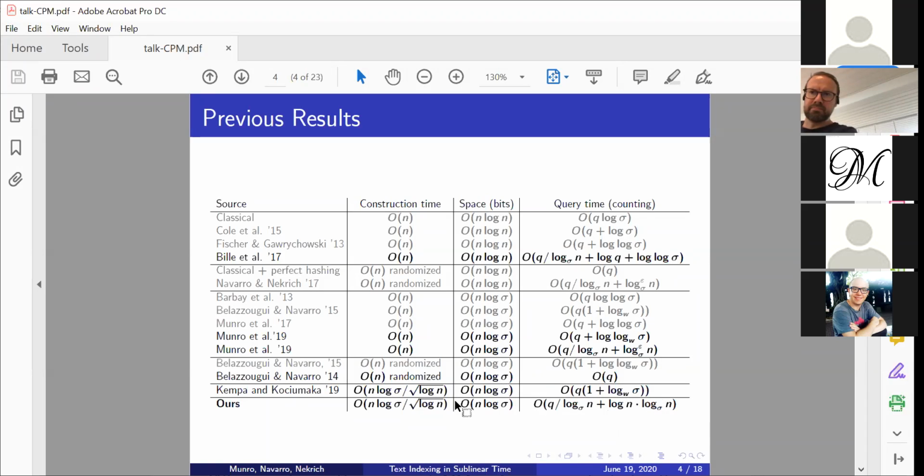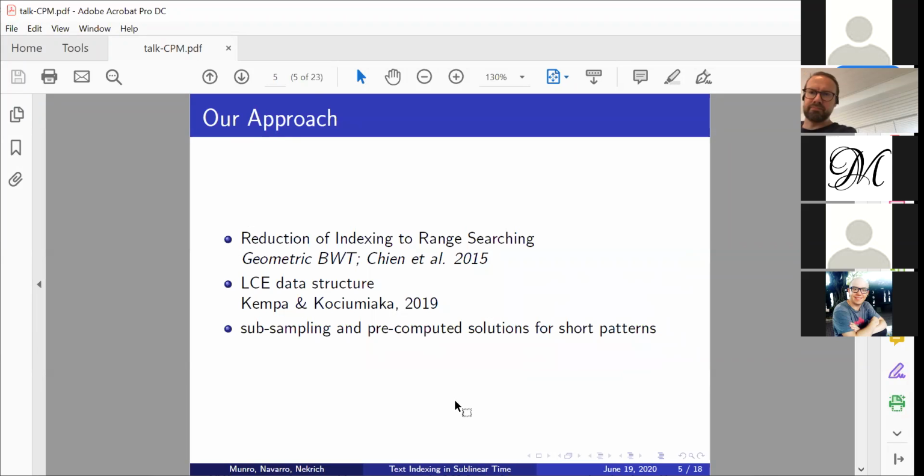Okay, so now how do we achieve it? We combine several different methods. First is the reduction of the indexing problem to range searching. It was, I think, first introduced in the paper on geometric BWT in 2015. Then we also use a data structure for LCE queries.